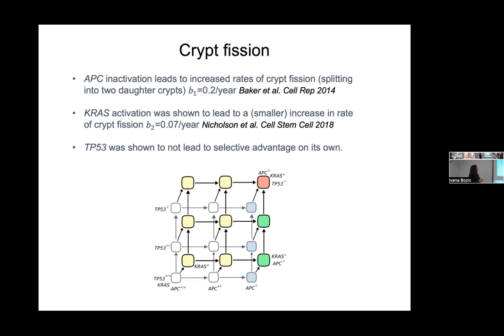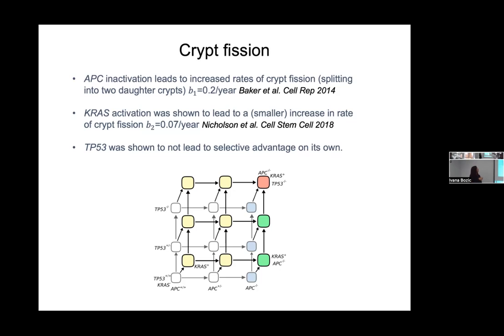Well, as I said, luckily in the last, almost a decade now, people have actually measured what happens in human colon once APC is fully inactivated. And they found that it leads to an increase in the crypt fission, or basically a division rate of crypts, which is more or less 0 in healthy tissue, or very close to it, to rates of 0.2 per year.